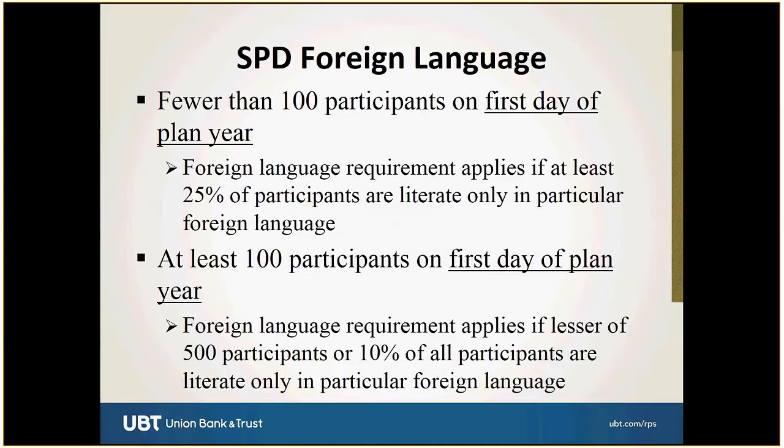So, for example, if 10% of my participants speak Spanish, 10% speak Vietnamese, and 10% speak Chinese, well, I've got 30% of my participant pool who are not literate in English, but I don't have 25% literate in any one specific language. So technically, I am not subject to the SPD foreign language requirement.